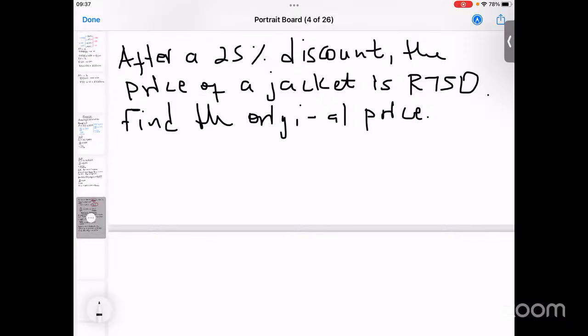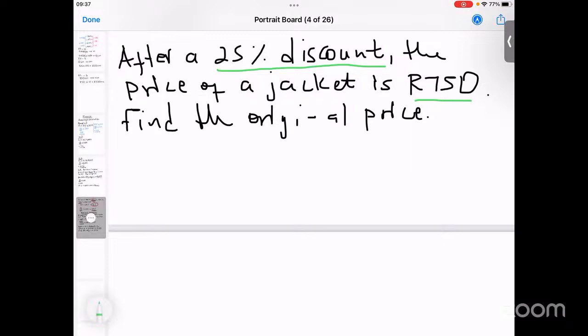So this type of question, honorable member, should not be confusing you. Every time when we talk about after a discount, in this case a 25% discount, this is the price after a discount.